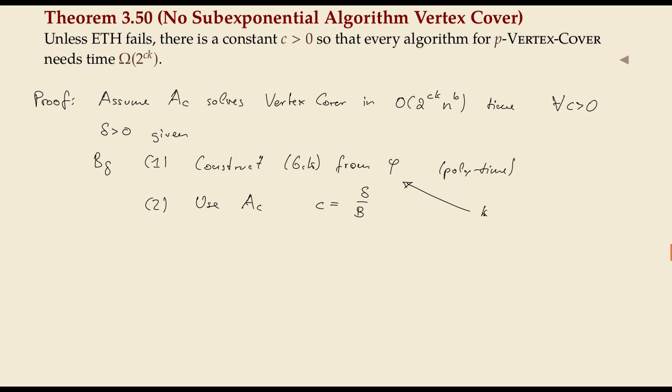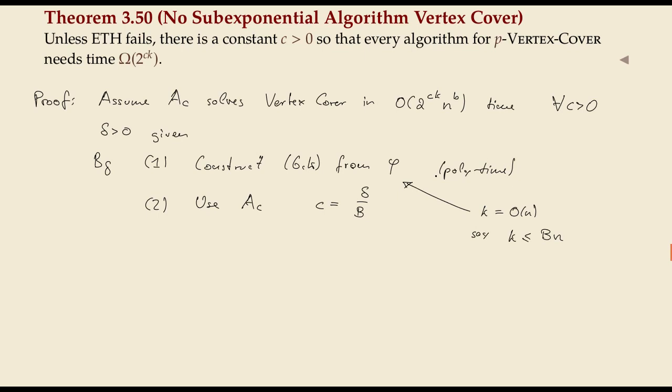So the k of the vertex cover, the threshold from the vertex cover problem, was some linear function of the formula size. And we can assume that this is less than some b times n. And we take such a constant b.